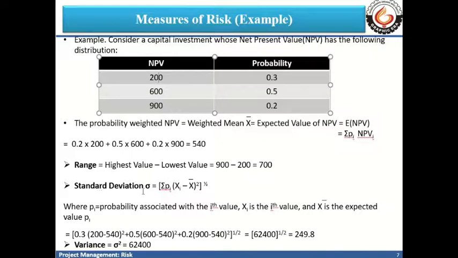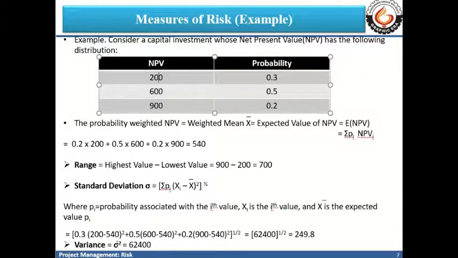For standard deviation, which is represented by the symbol sigma, we sum up the products of the probability with the squared difference between the NPV values and the weighted mean NPV, and then take the square root. Our weighted mean is 540. So we take the differences 200 minus 540, 600 minus 540, 900 minus 540.